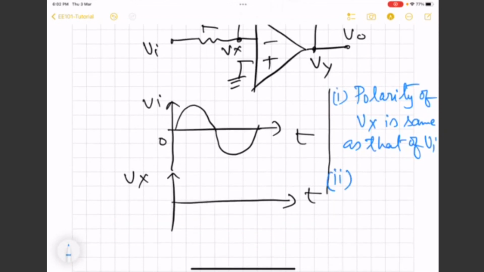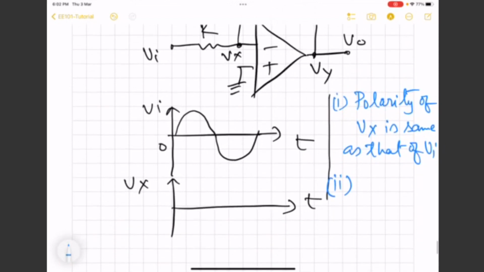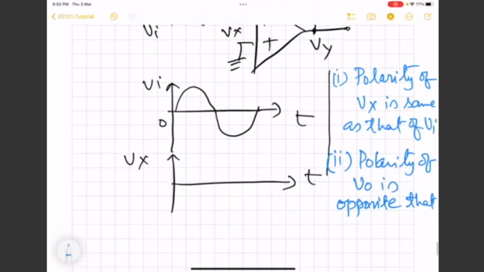So using this fact, you can find out what is the polarity of Vx. Polarity of Vo is opposite to that of Vx or Vi.